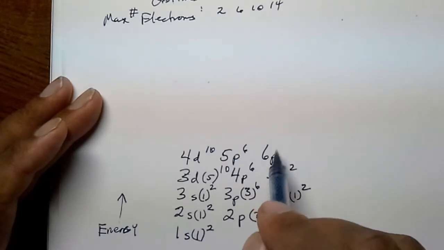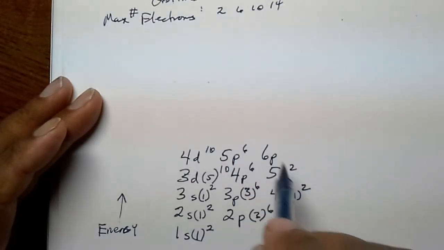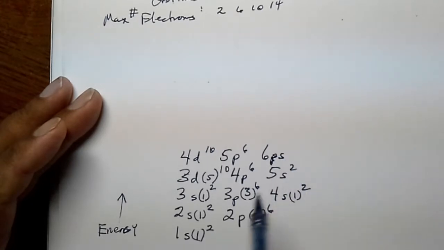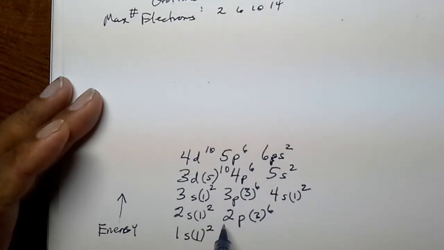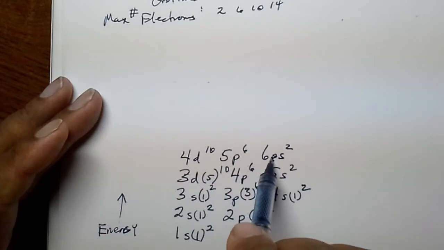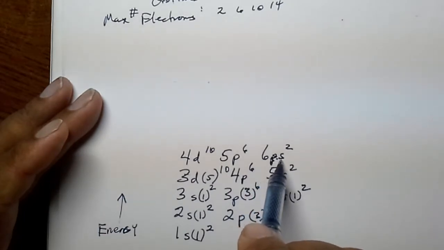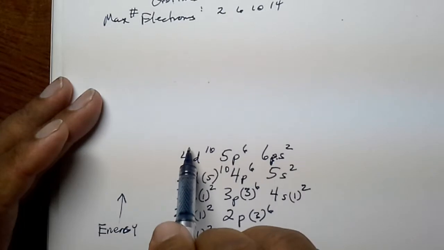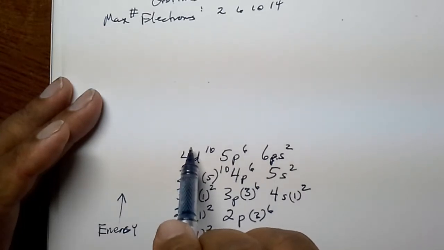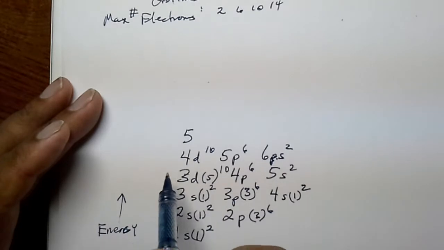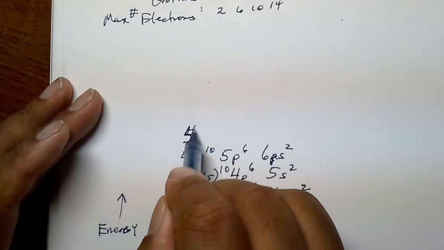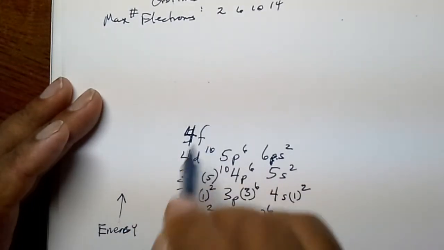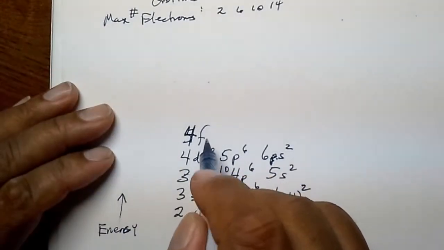6s is next with 2 electrons. Alright, so you would think, based on our pattern here, that the next level to be occupied would be 5d. But actually 5d has a higher energy requirement than 4f. How many electrons in that orbital?